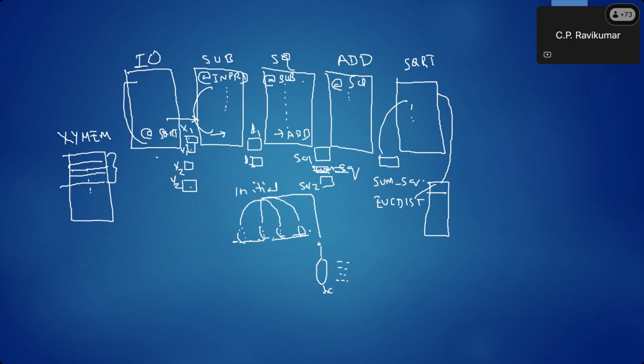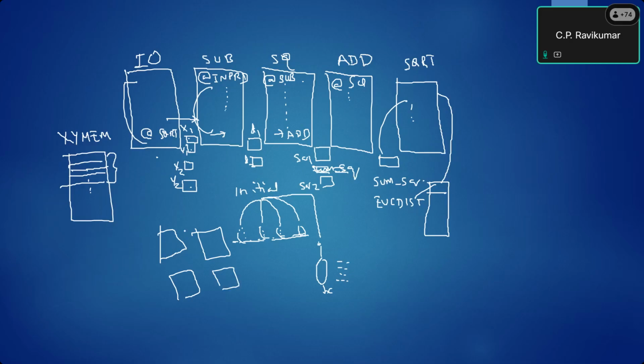Okay, if you imagine them like four chips or something like that, separate chips or separate blocks, they're all four different things. They work independently. Okay, there is no synchronization through a clock.